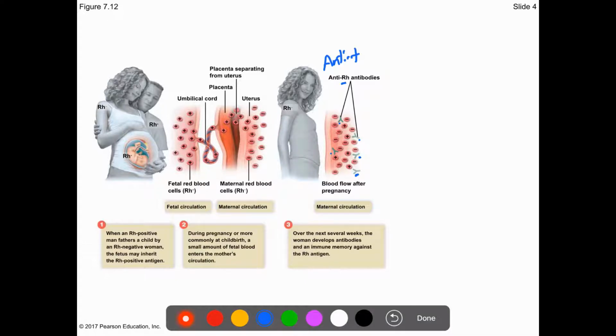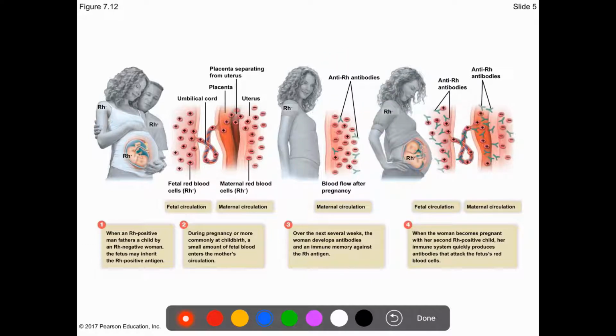Now for the first pregnancy, there is no problem. But in case there is a second pregnancy with an Rh positive baby, these antibodies from the mom would move to the baby and attack her red blood cells.